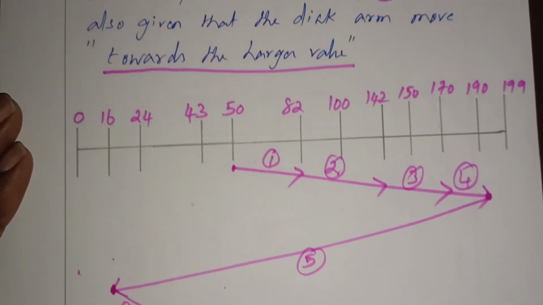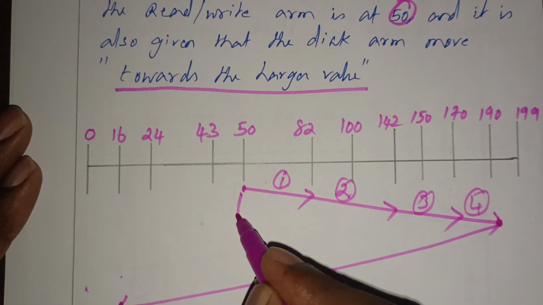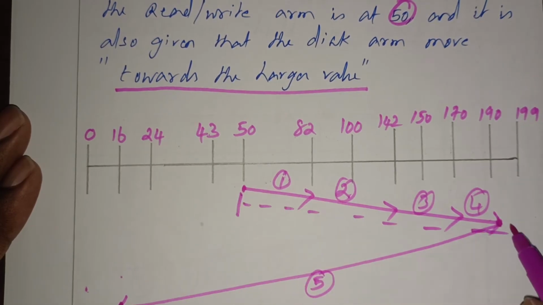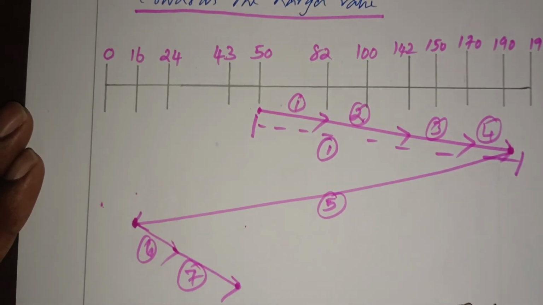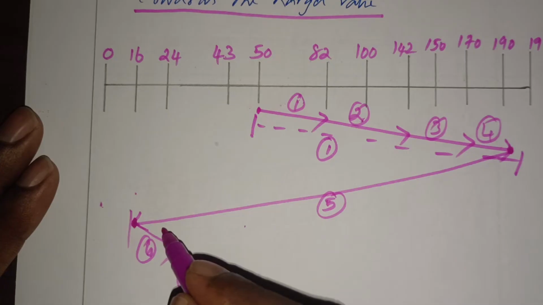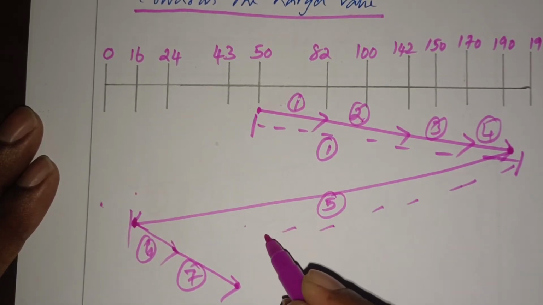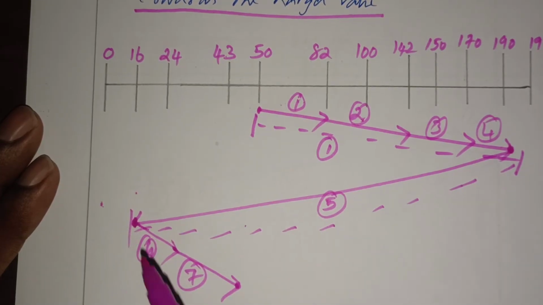But what is the sequence of head movement, where it starts and where it ends? We are going to draw that head movement. It starts at 50 and it ends exactly at 199. This is the first sequence of head movement. The second sequence of head movement starts exactly at 199, and all these dotted lines show where the header started and where it is ending.